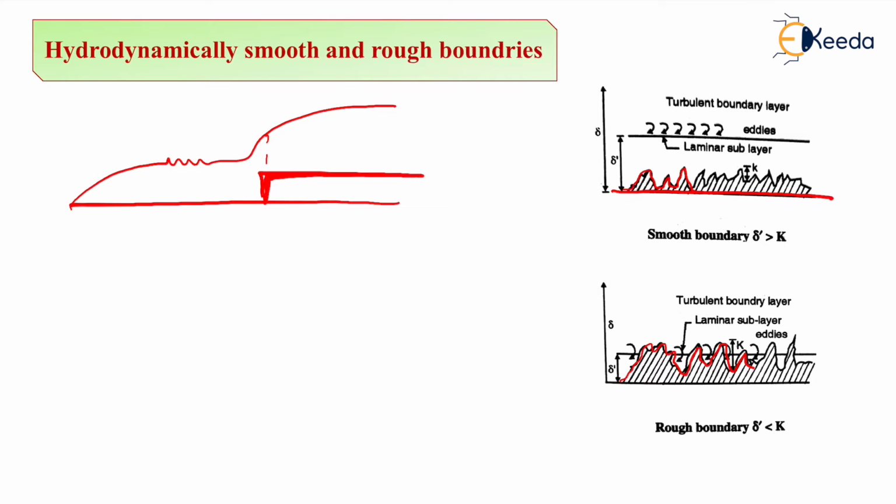If I talk about separate layers, say this is the first layer, second layer, third layer, they will not get mixed in each other. So there is no chance to form a wake or disturbances in the laminar zone. This laminar sublayer zone plays a very important role to decide whether that portion of the plate is hydrodynamically smooth or rough.